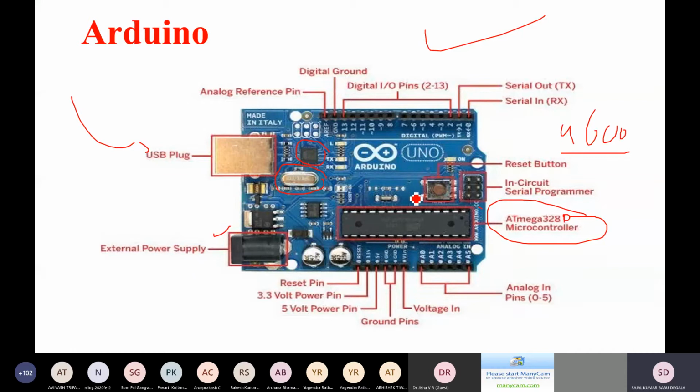I think most of us here are faculty members, so if your students are using the Arduino board, prefer that they use a 9600 baud rate. If your application requires 115200, that means a higher baud rate, there may be other boards which can work at higher baud rates.